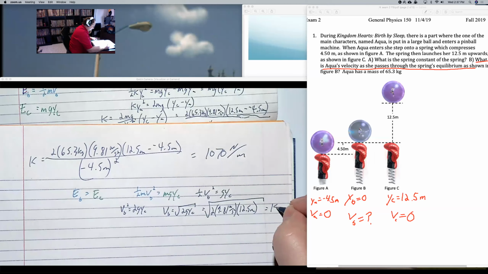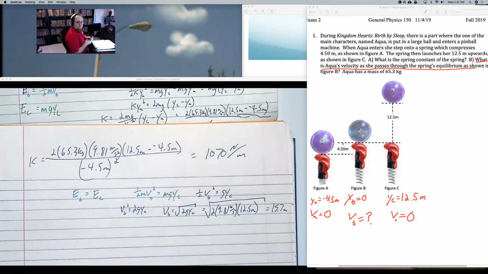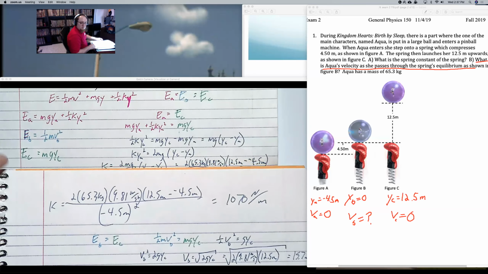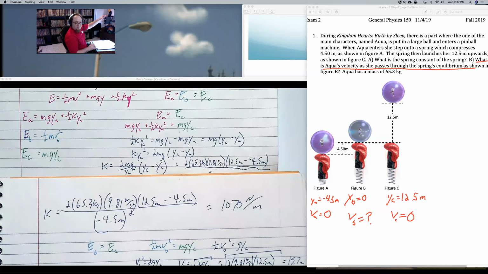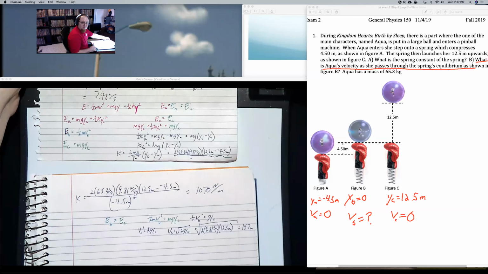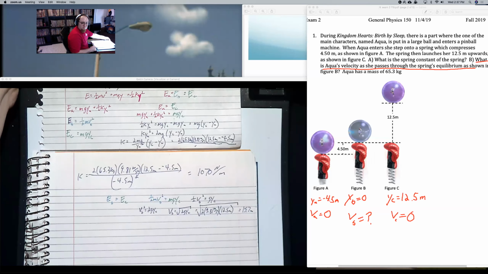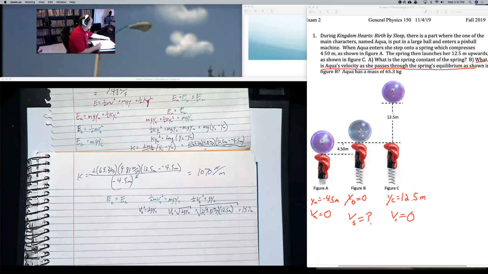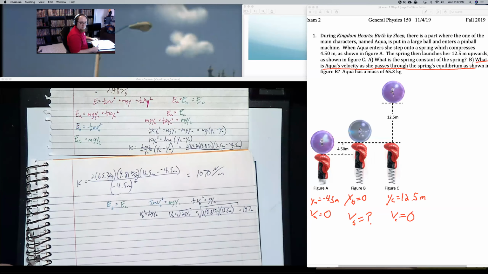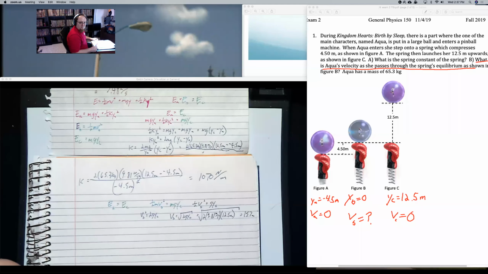I'll move it around in a second so I can show everything. There you go. Just had to zoom out a little bit.